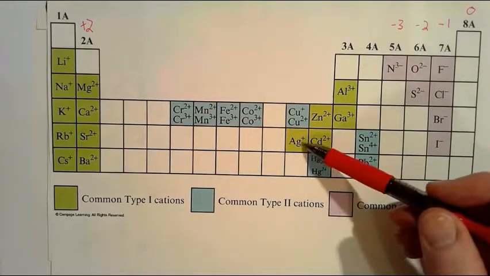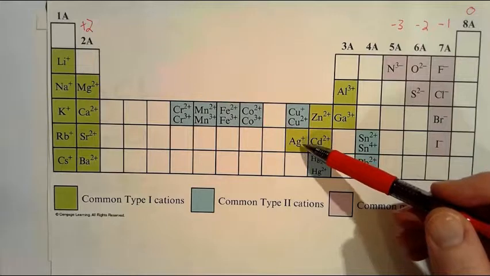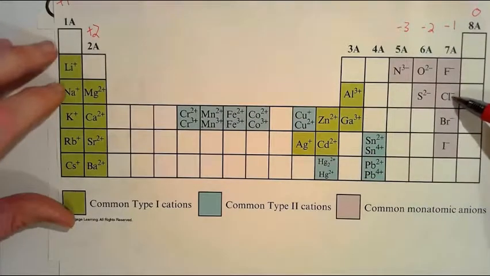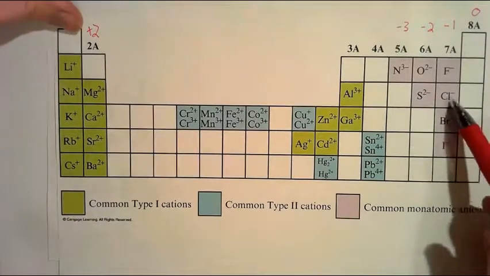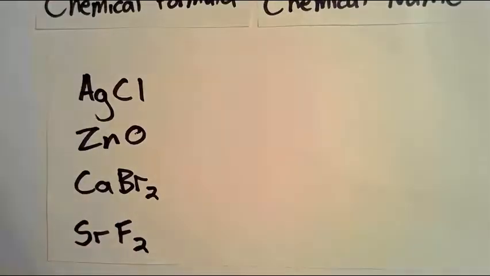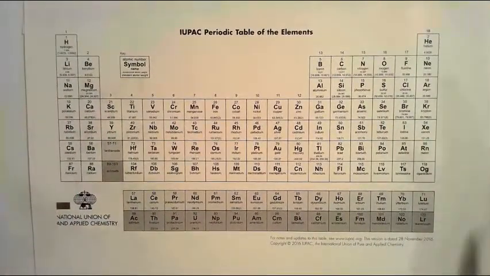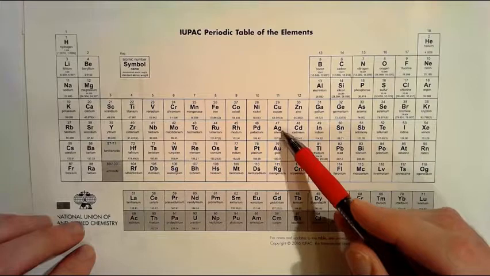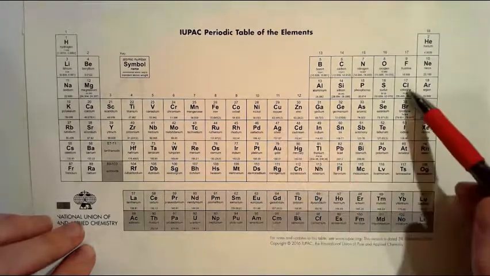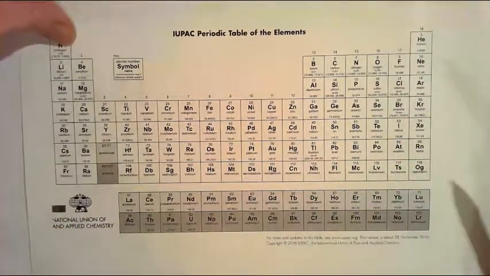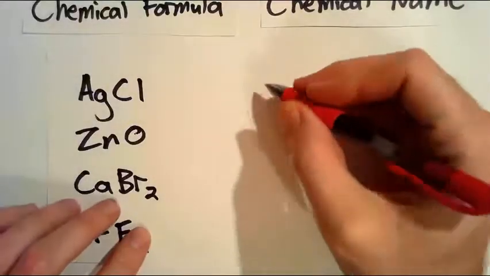I see that Ag is a type 1 cation, and then Cl is an anion. So I know that I can look at this periodic table, which is available in my classroom too, and see that Ag is silver and that Cl is chlorine. So this is going to be silver chloride.